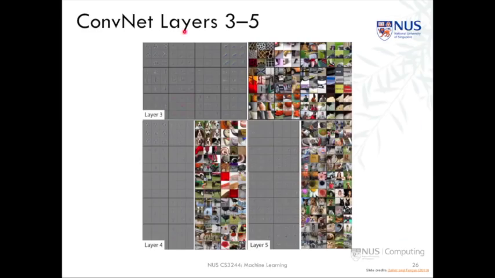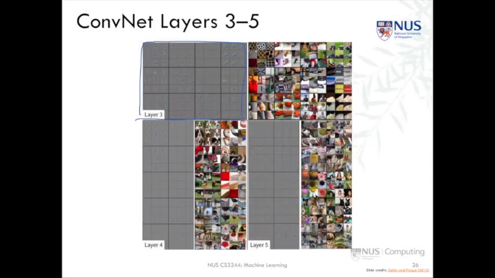When we look at higher convolutional layers, for example, the third layer up or the fifth layer up, you can start to see interesting things. On the left-hand side of each of these layers, for example layer 3, we have the activation, just like we saw on the previous slide. Those are what the neural network weights are for a particular filter that is being computed.